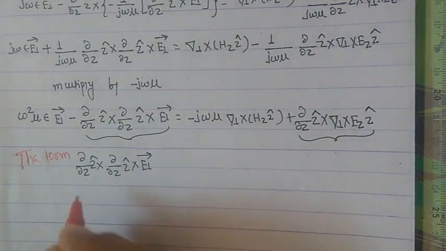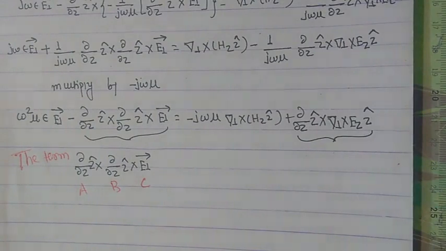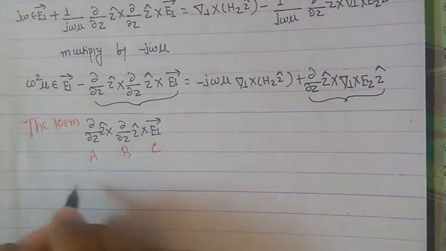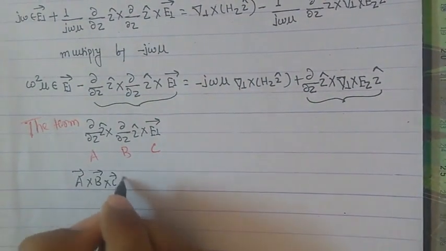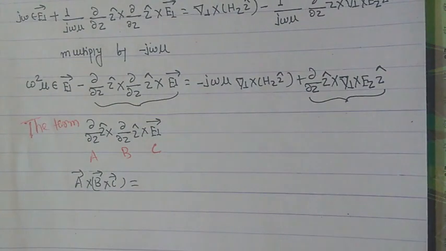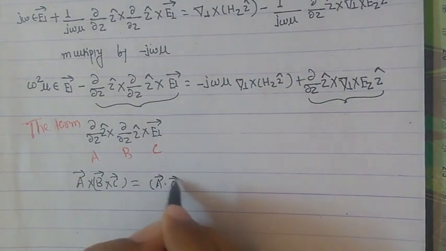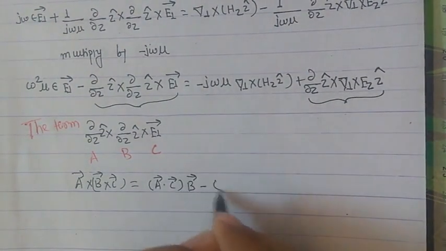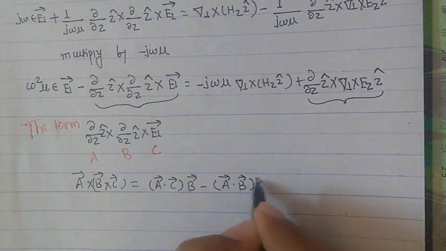Let us consider this as A, B and C, and you can use the vector triple product identity A cross B cross C. So this identity is A dot C into B minus A dot B into C.